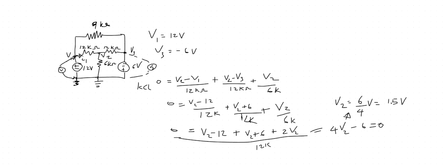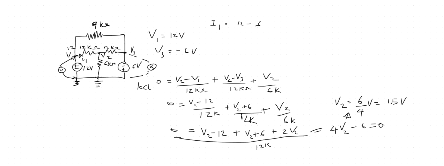Is it 12 minus, all right, here's 12 volts now, right? So 12 minus 6 volts. Where's the 6 volts? I thought V2 was 1.5.